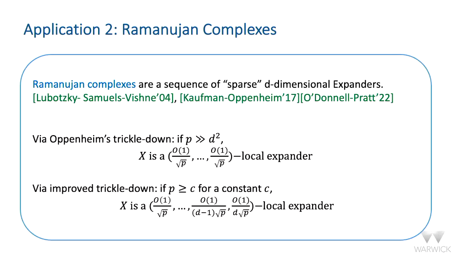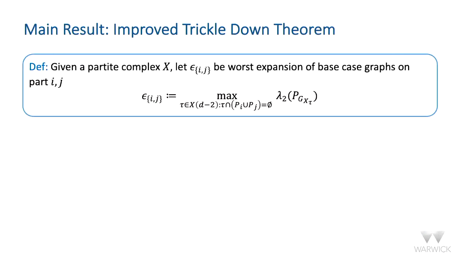Okay, I'm running out of time. Let me tell you two more things. I haven't yet said the full description of the theorem. What we really prove is that we define this epsilon ij to be the worst expansion of all base case graphs that miss parts i and j.